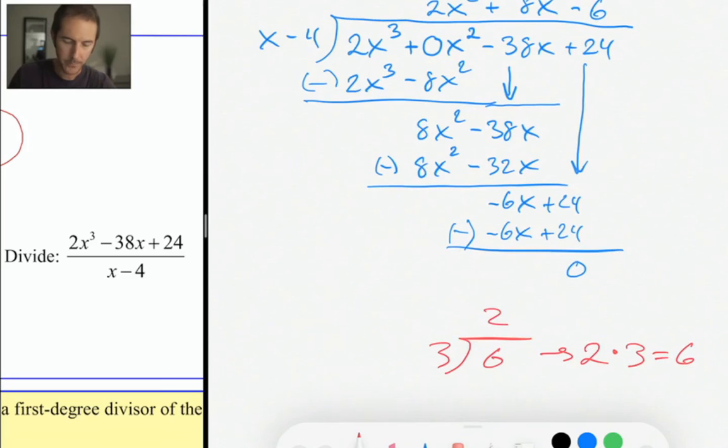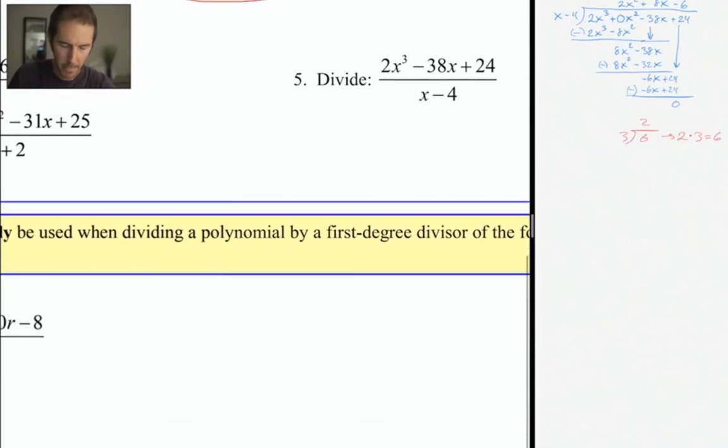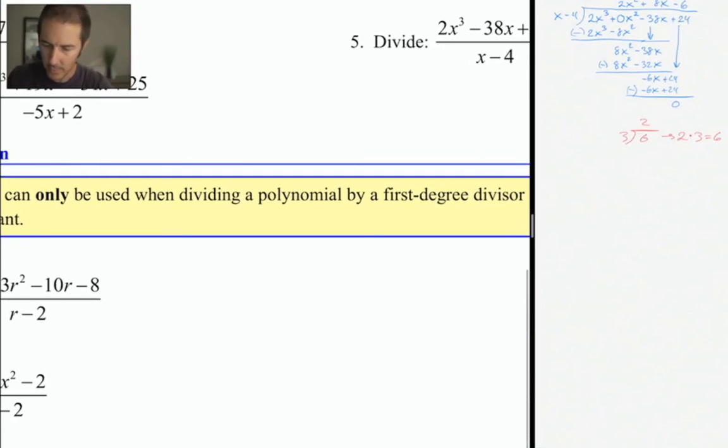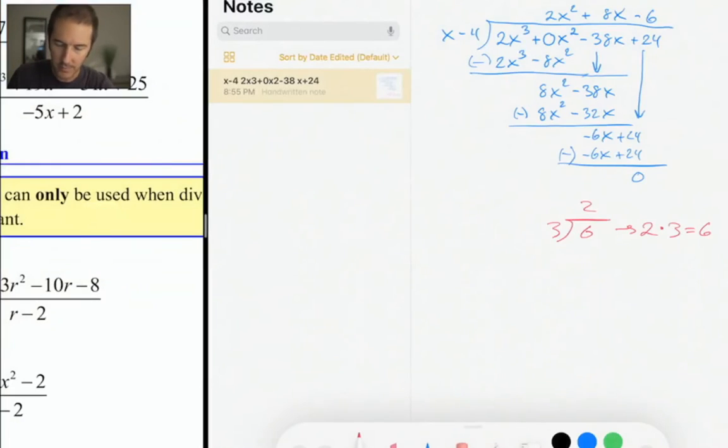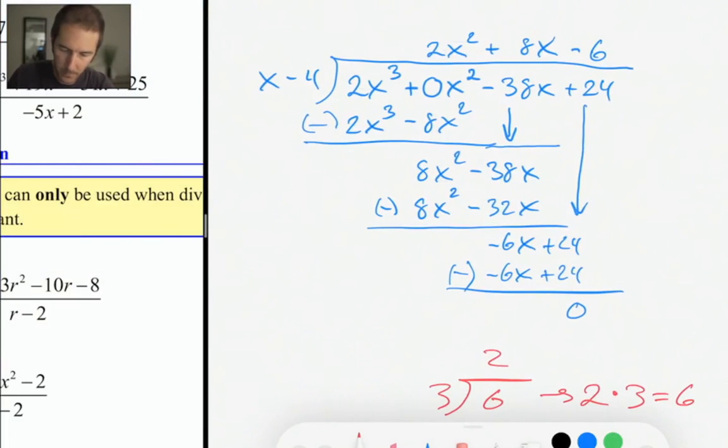It'll be helpful. All right, let's see what else we have over here. So the answer, I apologize, the answer to this division problem is this. That's the quotient, and the quotient is the result of doing division, and that's our answer.